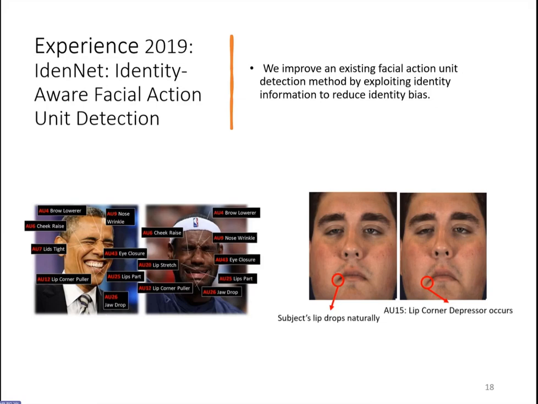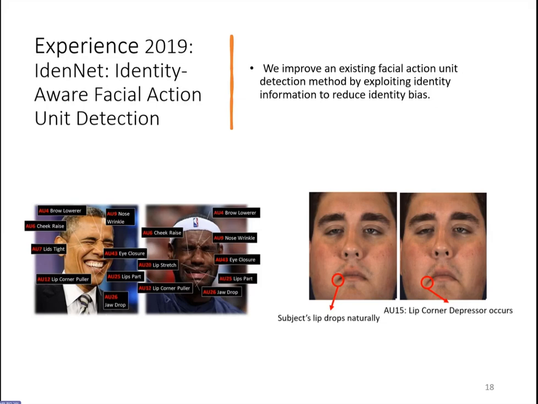That is AU46. So those researchers labeled a lot of action units on human faces, and then we try to develop neural networks. Given an image, we can know what action units occur on the image.